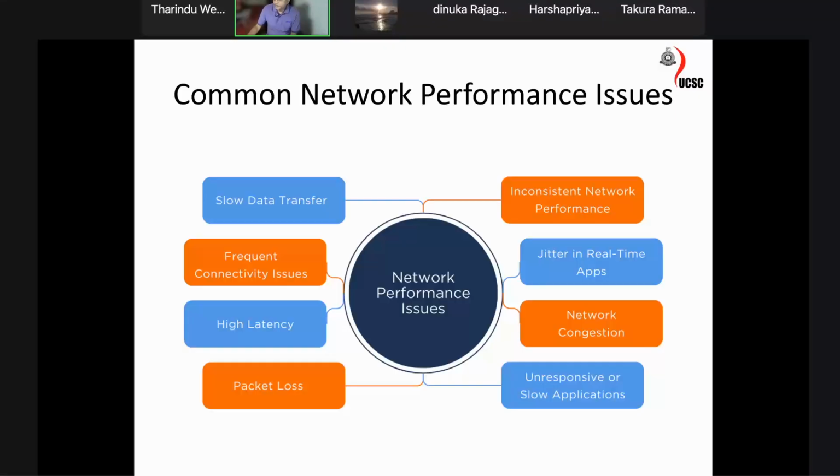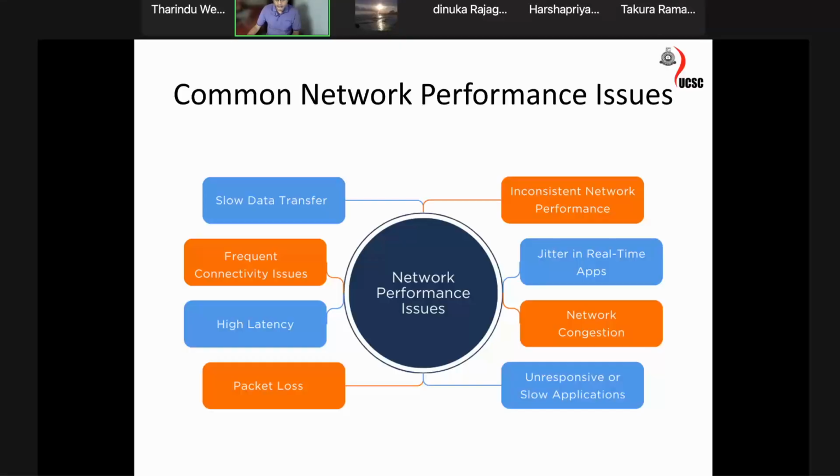Inconsistent network performance, that is, sometimes your application is doing well, but sometimes it's not that great, or it's lagging. So consistency matters, because at some times of the day it's functioning well, and at other times its performance is lagging. This can be one of the user complaints.